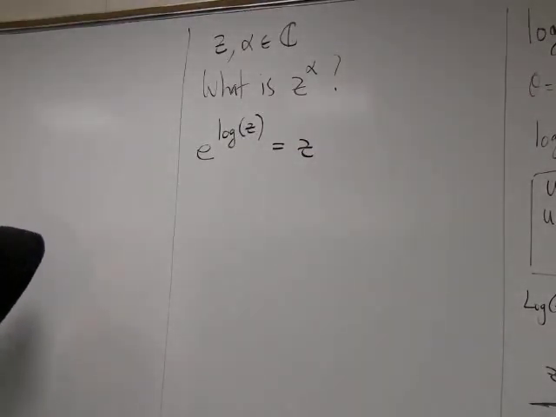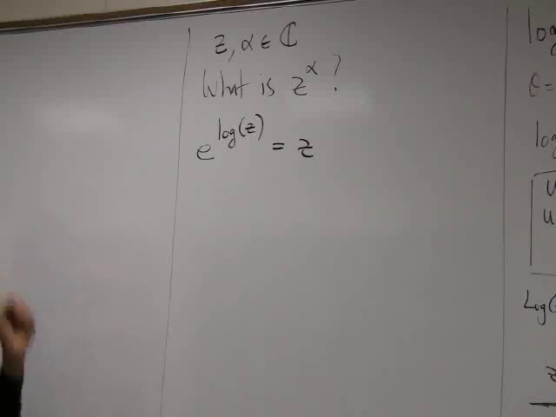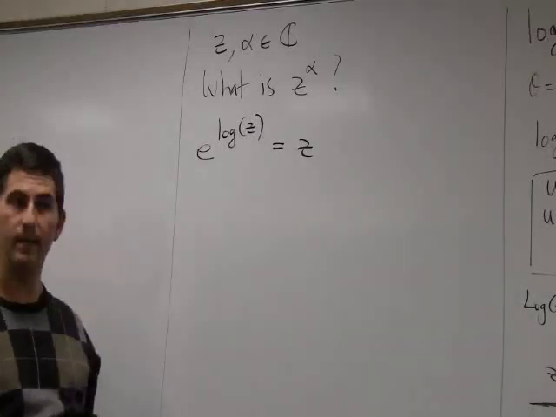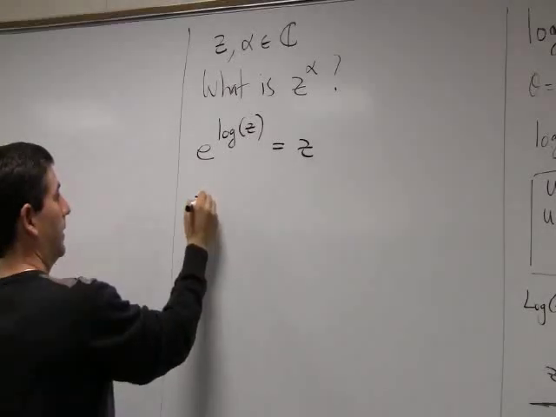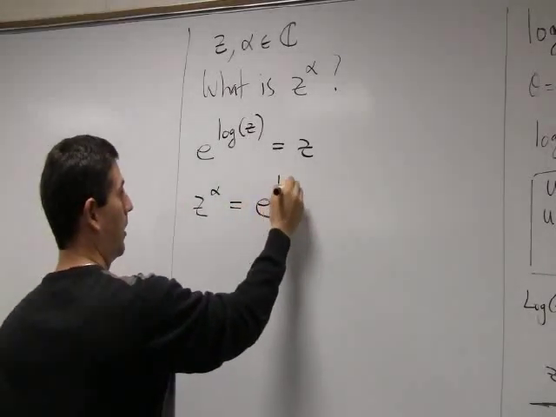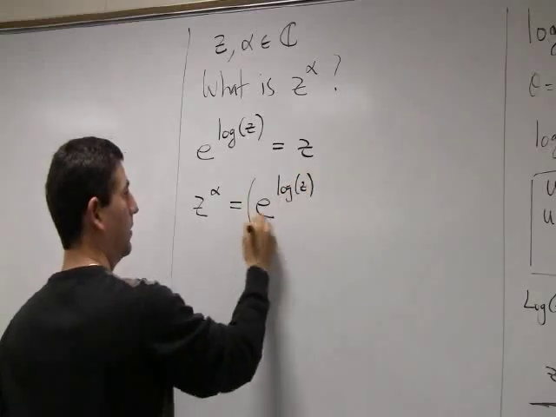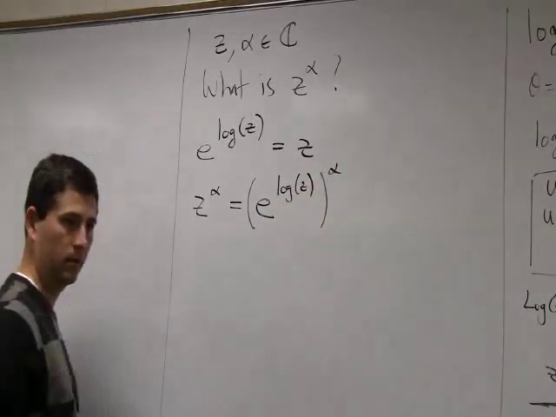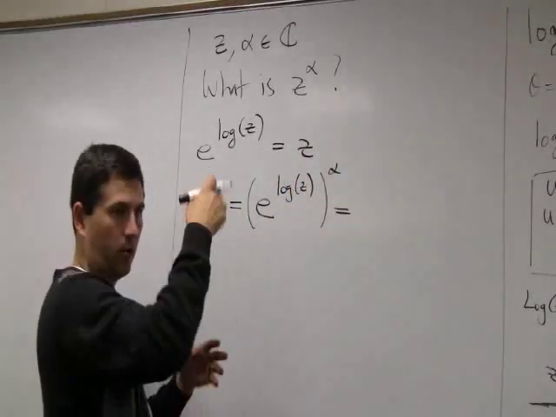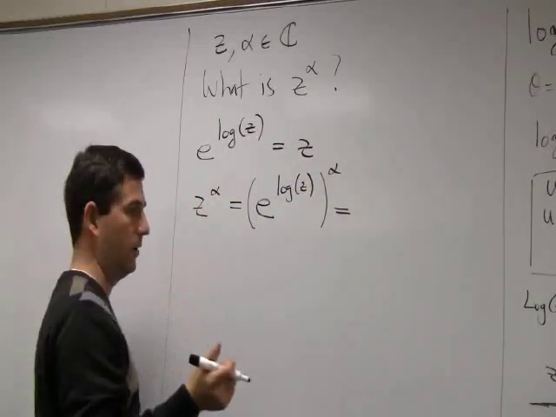Can we use logs just like we do in the real world, where we take log of z to the alpha? Z to the alpha is e to the log of z to the alpha. And of course you can just multiply this. We don't even need this formula that log of z to the alpha is alpha log of z.